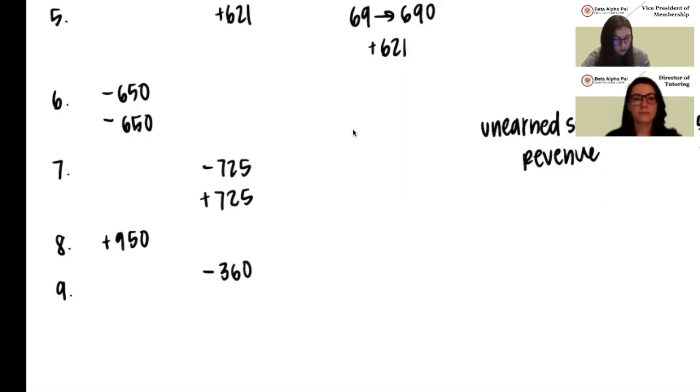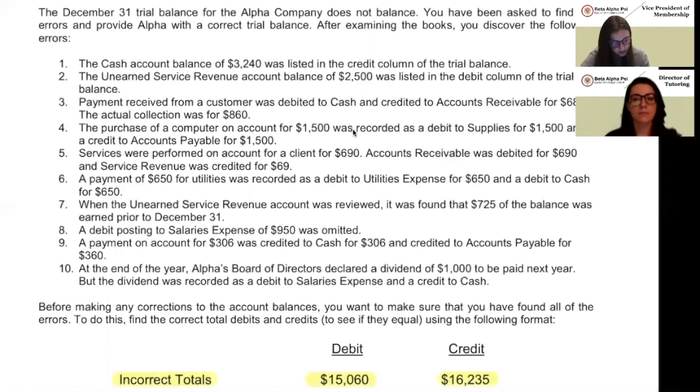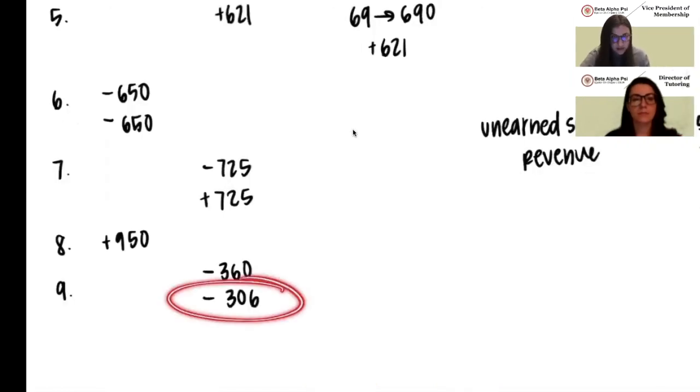But now when you debit accounts payable for the correct amount of 306, when you debit something that has a normal credit balance, we're going to subtract it on the credit side. So this is fixing their mistake of the credit to accounts payable for 360. We're lowering that account back down. And we also need to debit accounts payable for 306, which they should have done when they also credited their cash. And that's this one.